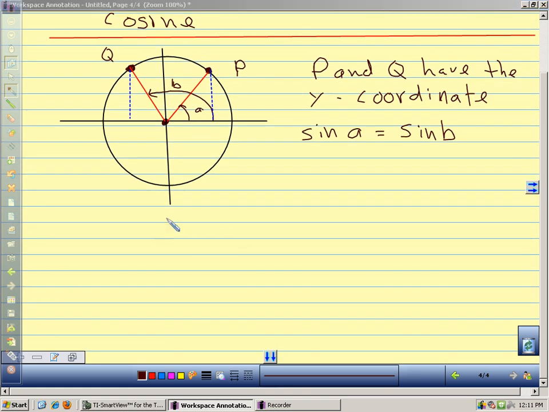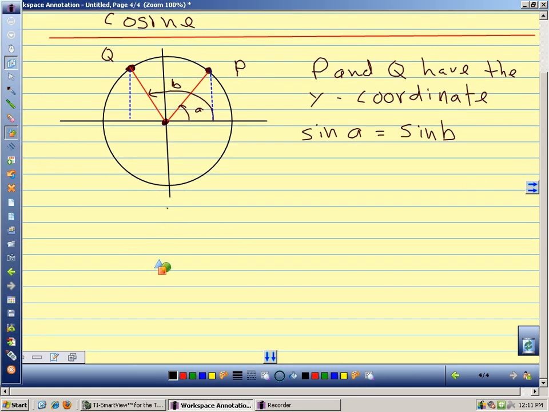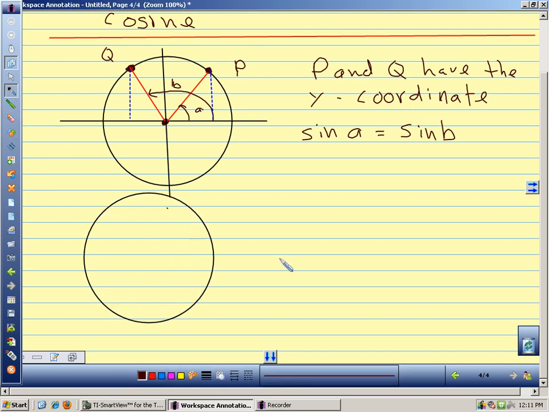We're going to draw another unit circle. Here's our circle for this one. Put our center in here. Draw in our axes.